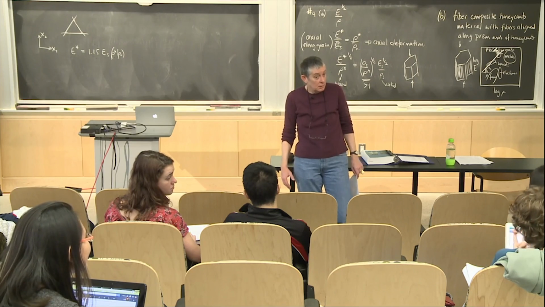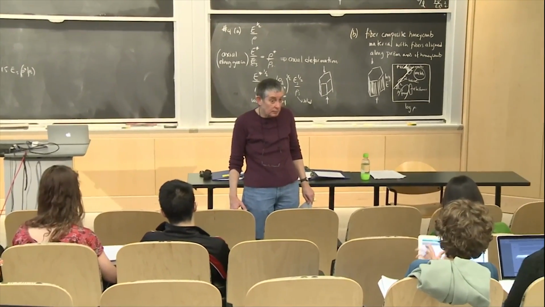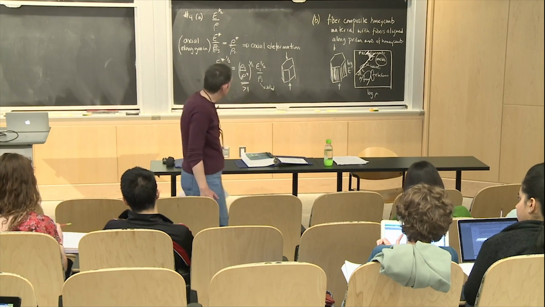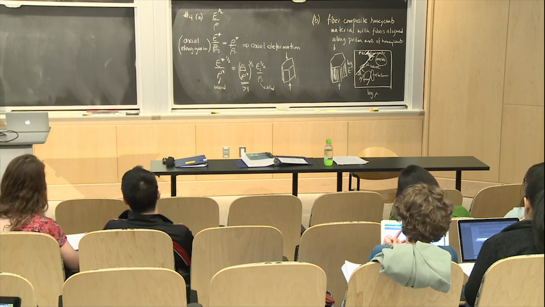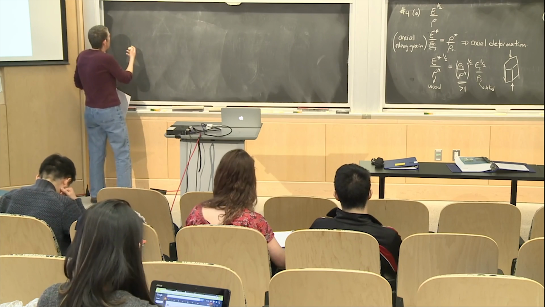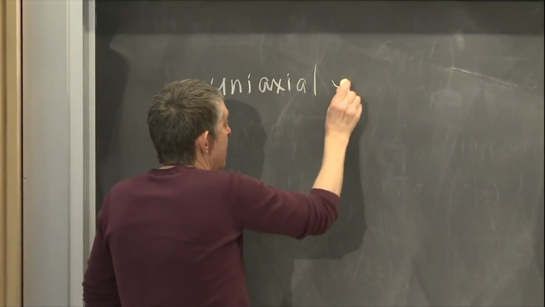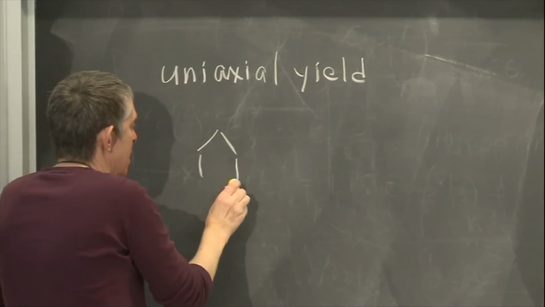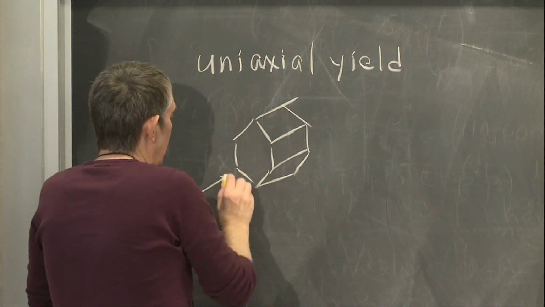Can you explain the difference between uniaxial yield and plastic buckling? So if something fails by uniaxial yield, say you have a honeycomb like this, and you're loading it this way on.